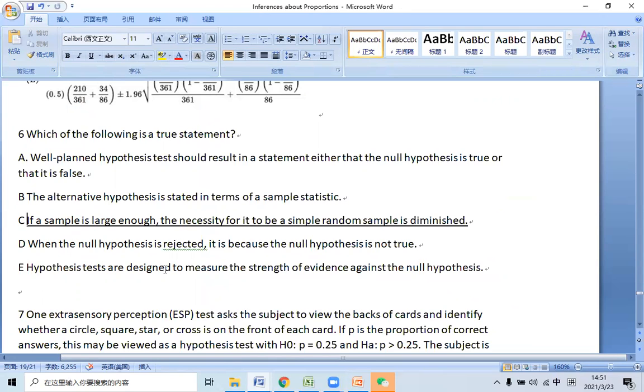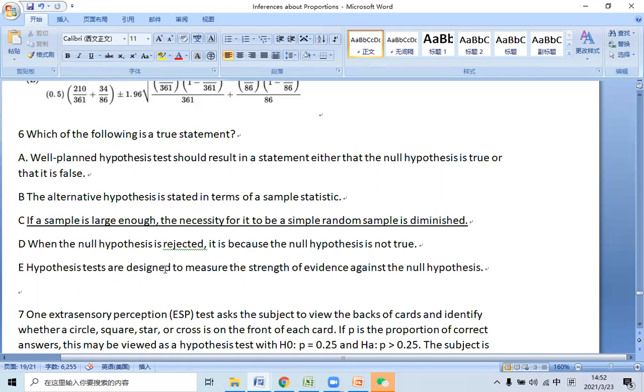C, if a sample is large enough, the necessity for it to be a simple random sample is diminished. Large, yeah, that sounds good. If you have a huge sample, you don't have to do a simple random sample. No, that's not right. Even when you have a large sample size, you would still need to do a simple random sample.